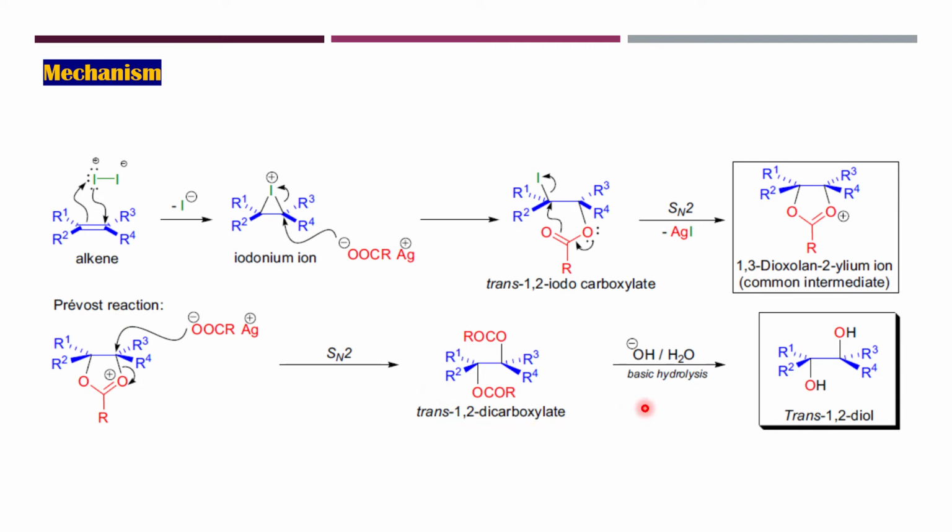Basic hydrolysis will have no effect on the stereochemistry at these points, but will be cleaving these bonds, the C-O bonds over here and here, and that would mean it will lead to the formation of the trans 1,2 diol.